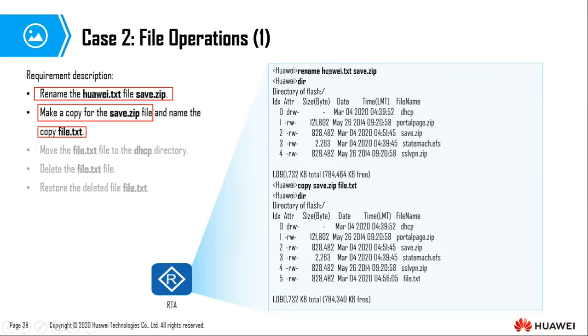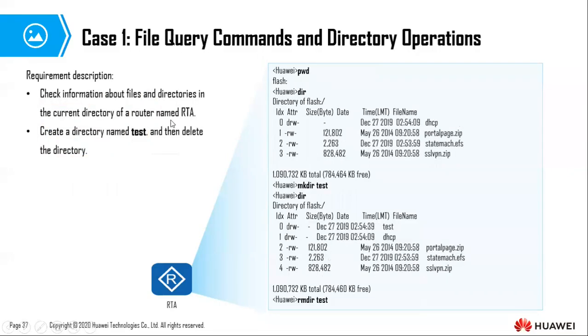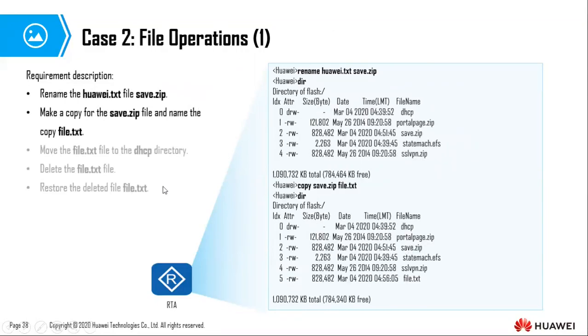Anyway, okay, the command is rename, then the name of the file you want to change and the extension, and also the new name and the extension that you want to give it.